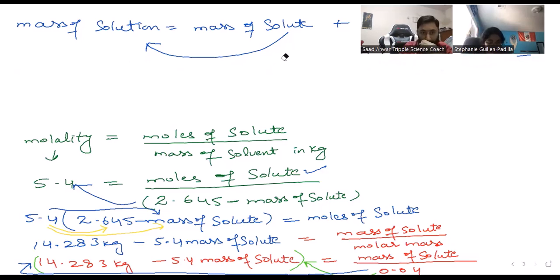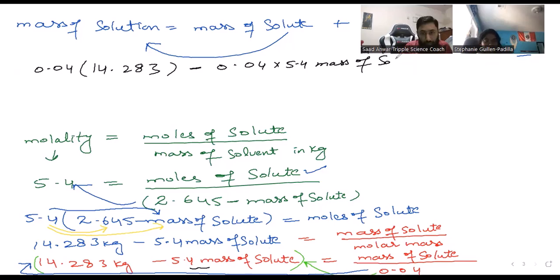When I did this, it would be 0.04 times 14.283 minus 0.04, also multiplied with this factor, times 5.4 mass of solute, is equal to mass of solute.